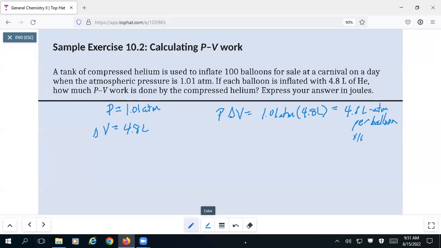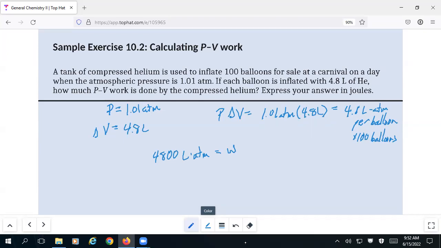If I multiply that by the 100 balloons, I end up with 4,800 liter atmospheres as the total work that was done by the system. So if we're looking at it from the perspective of the helium, it would be negative 4,800 liter atmospheres. If we're looking at it from the perspective of the balloon, it'd be positive 4,800.